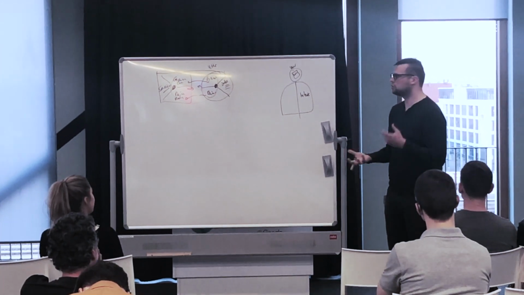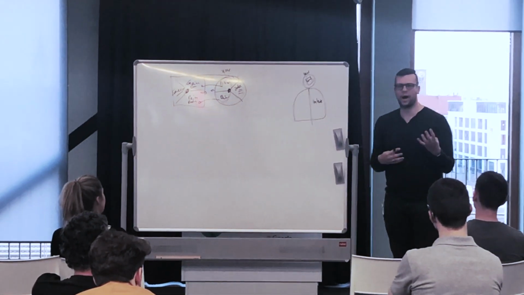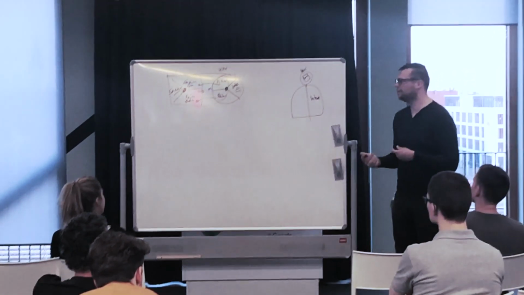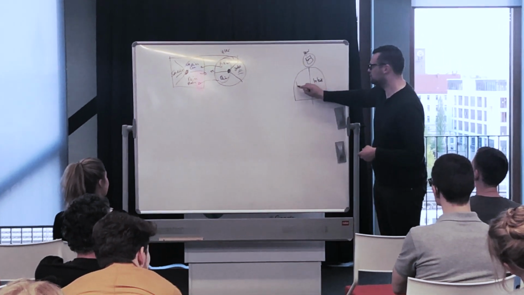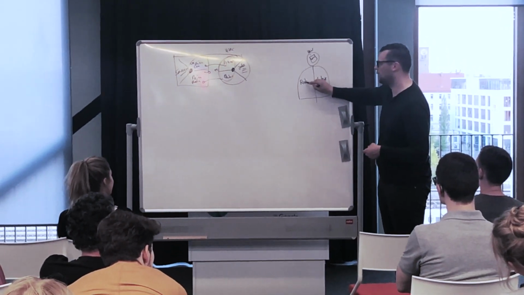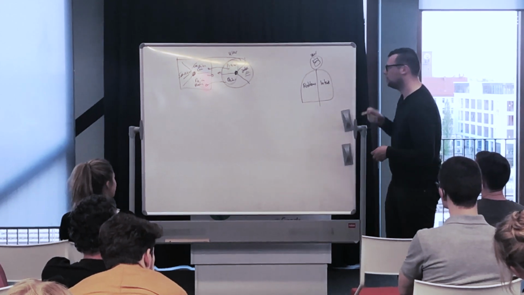And an intent also holds the need, so the why. So why is this person doing it? So I put the intent on the right side. And then actually, I was just looking at problems here on the left side.